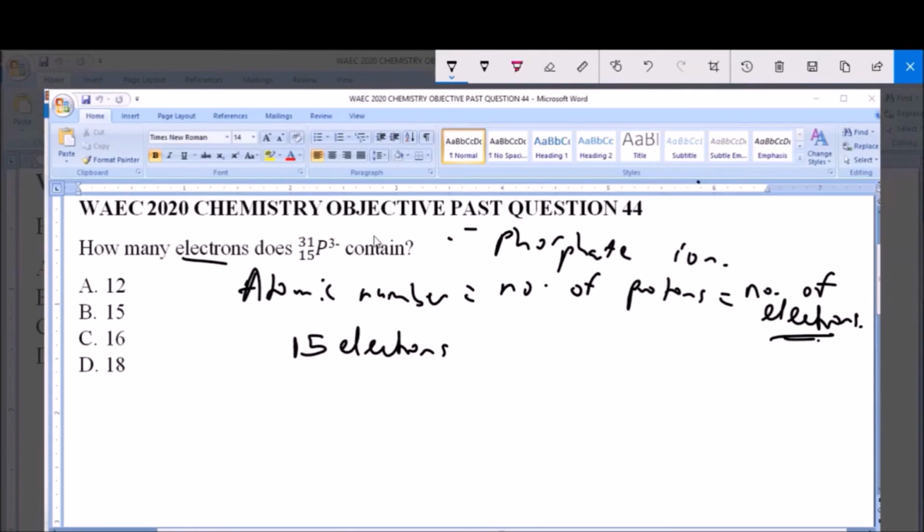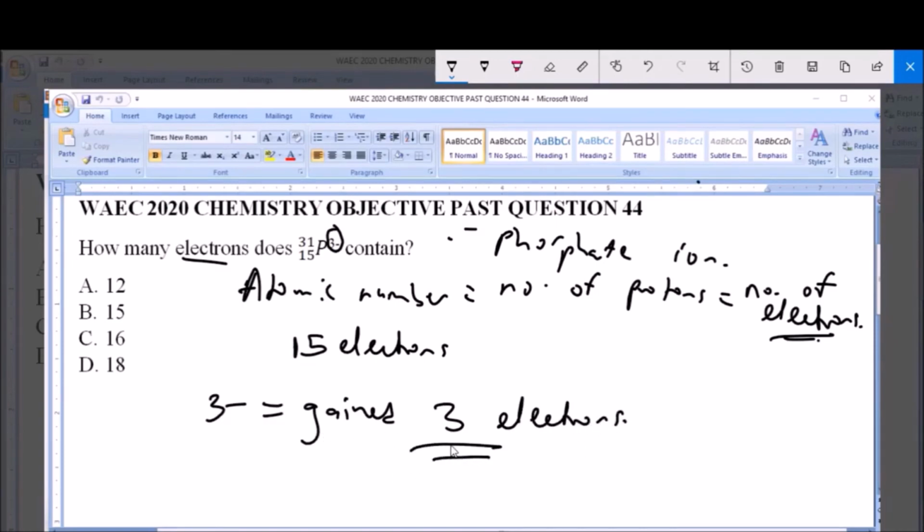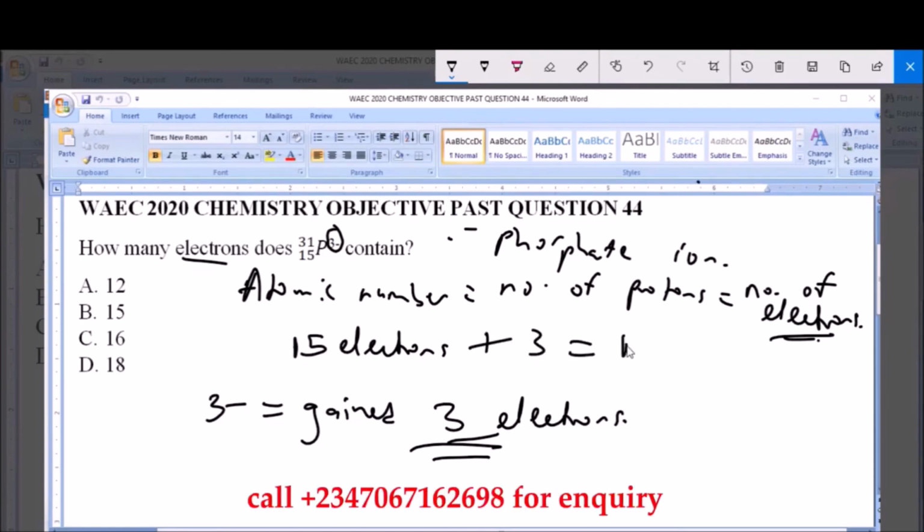But now for the phosphate ion, we have this 3 minus here, showing that it has gained 3 electrons. So if you want to know the total number of electrons contained in a phosphate ion, all you need to do is to add the atomic number, that is 15, plus 3, and that is 18 electrons.